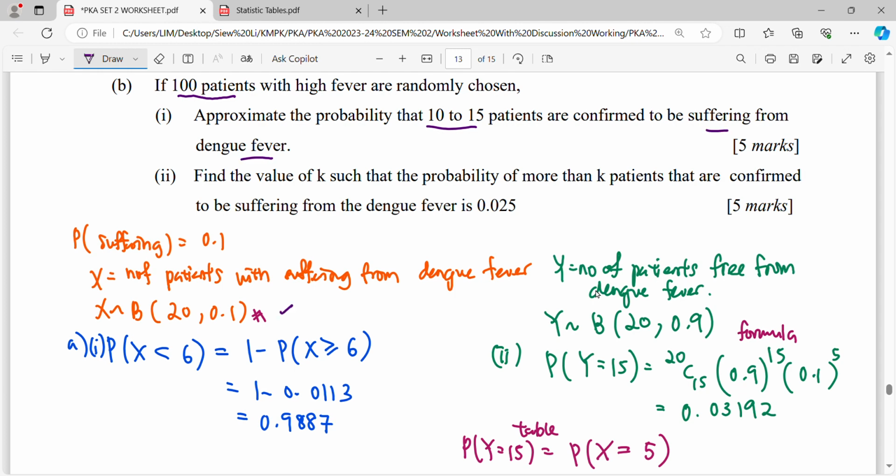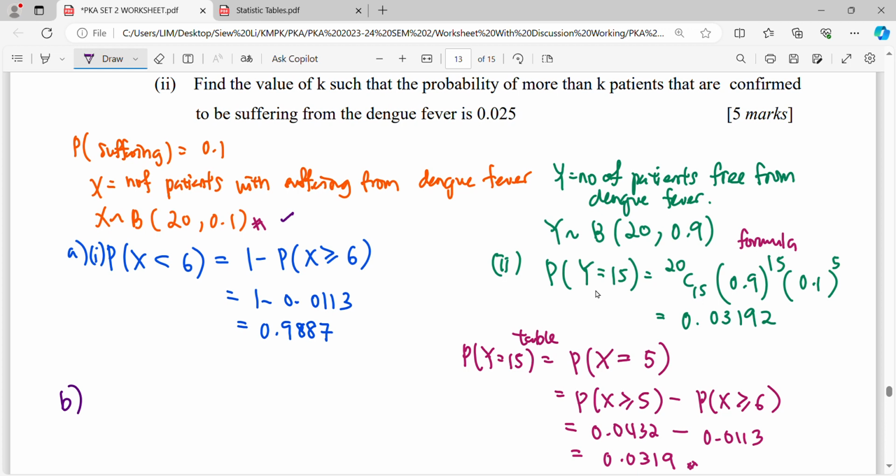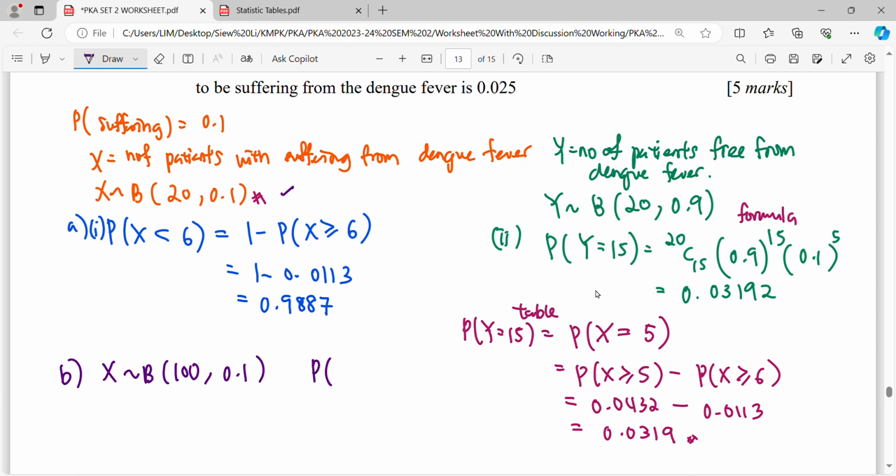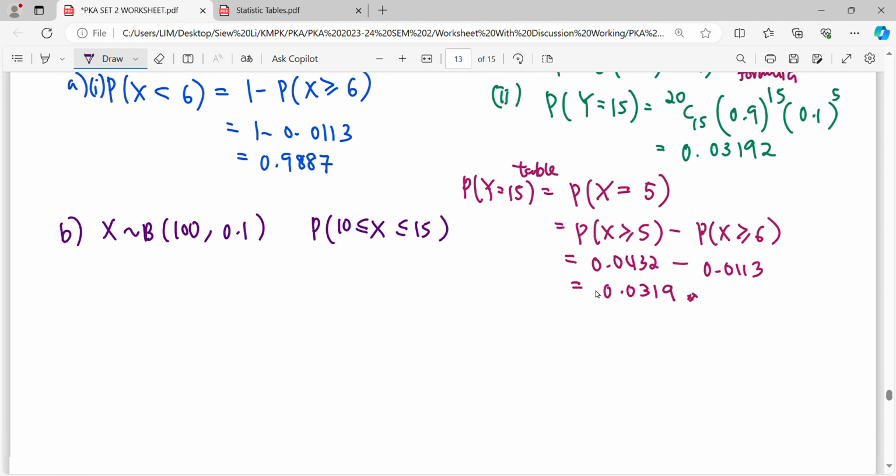So suffering from dengue is X, free from dengue is Y. Our distribution still uses X, suffering from dengue, but the sample is now 100. Our question is finding the probability 10 to 15, where X starts from 10 up to 15, with 10 and 15 included, so we have equal here. Then we read the distribution.